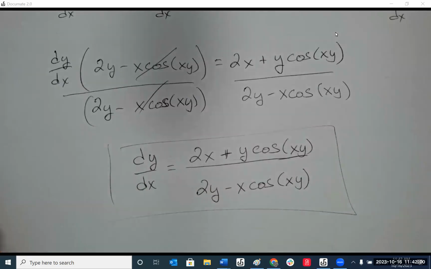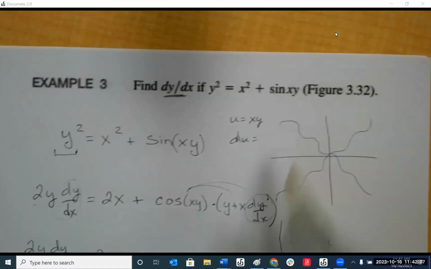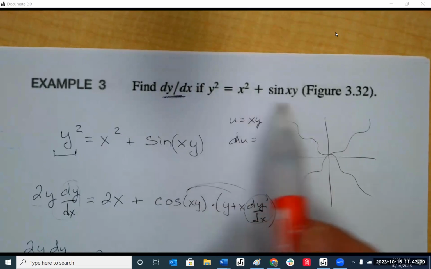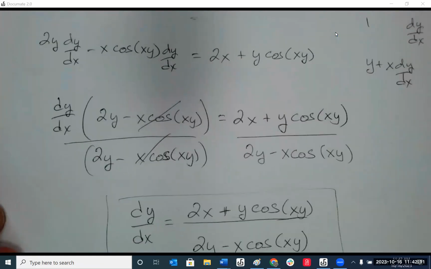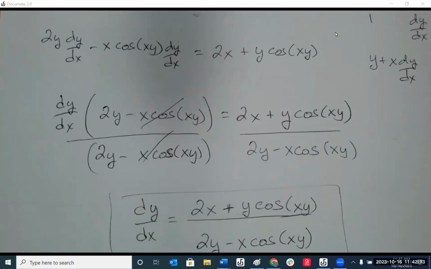And there's your slope. It looks so benign, it's a very small, easy question, but now look at all the work we had to do. So far, so good.